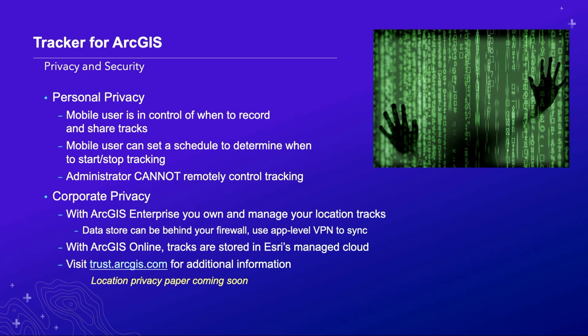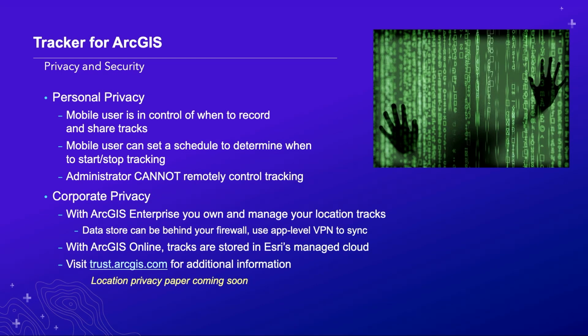Now, there's also the question about corporate privacy with location tracks. With ArcGIS Enterprise, you can establish that behind your firewall, and you can use app-level VPN through an MDM to make sure that all the synchronization is happening that way. If you choose to go the enterprise route, you on your own are managing all aspects of the system, right?